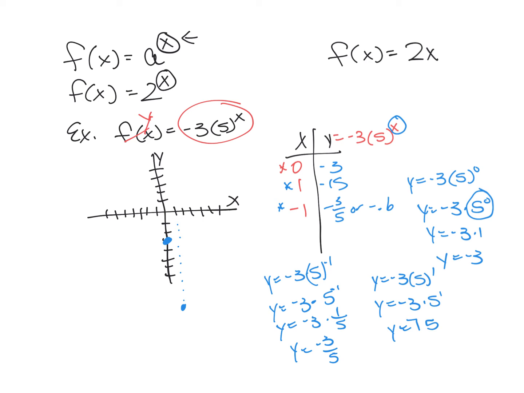So you understand where that's coming from. So it goes to negative 1, and it's around here. Now remember, the point that is closest to the x-axis is where it flattens out, and then it curves down, and it never crosses the x-axis.